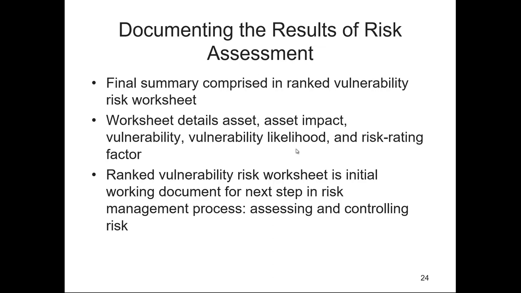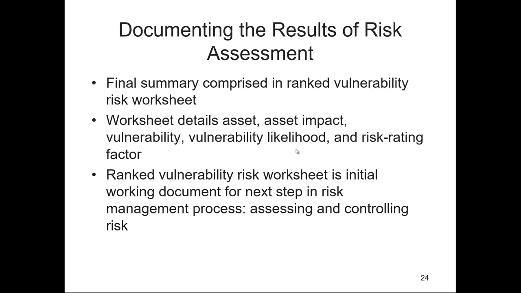In preparing this list, we have collected and preserved a wealth of factual information about the assets, the threats they face, and the vulnerabilities they experience. We should also have collected some information about the controls that are already in place. And again, even the controls that you have in place, you can evaluate them just to make sure that they are working properly.